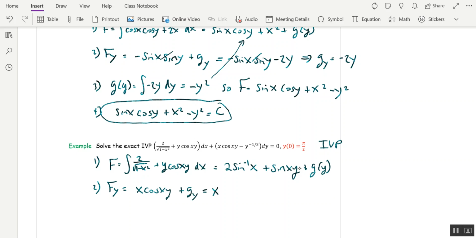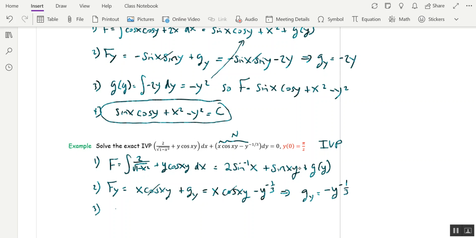N is x, this is n up here, x cos xy minus y to the negative 1/3. And so this tells me, and you'll always get a match up here. If you don't, just look back. You probably made a mistake somewhere, forgot to take f sub y or something like that. These guys kill each other off, and g sub y is negative y to the negative 1/3.